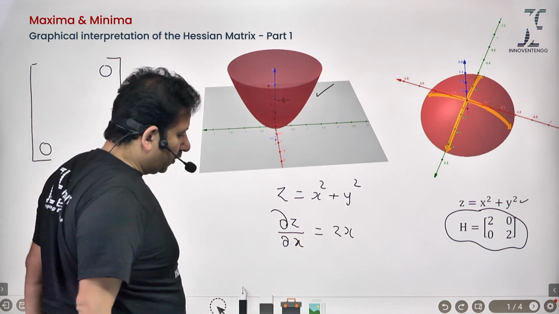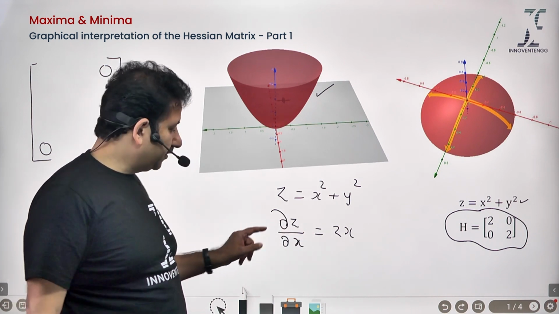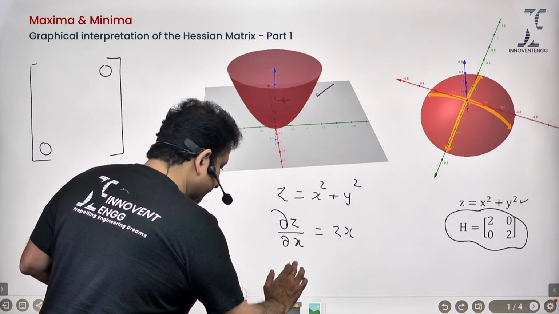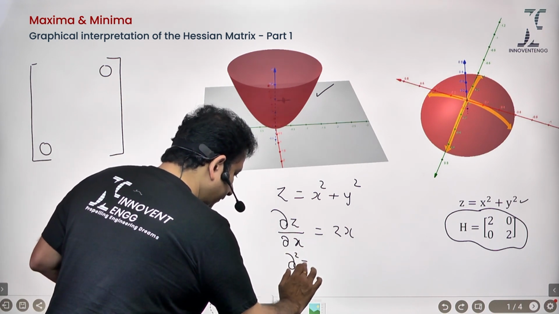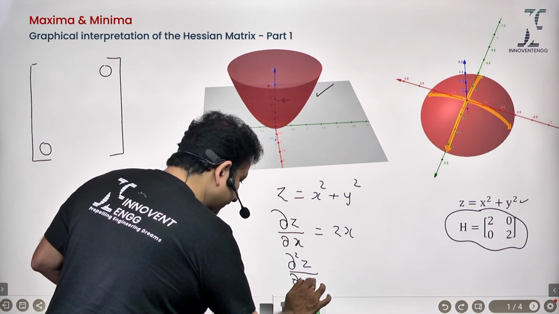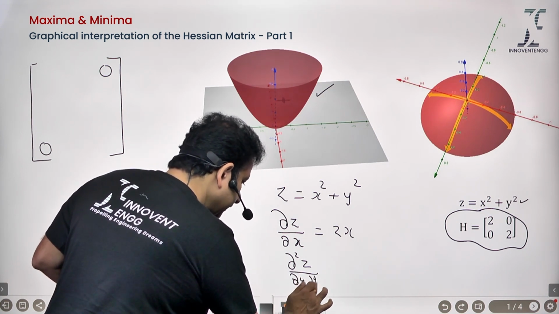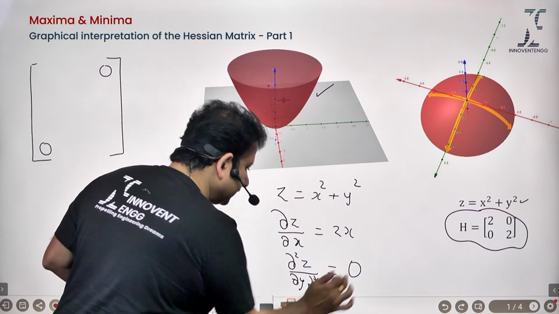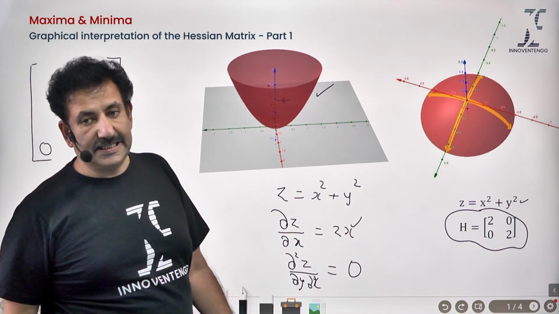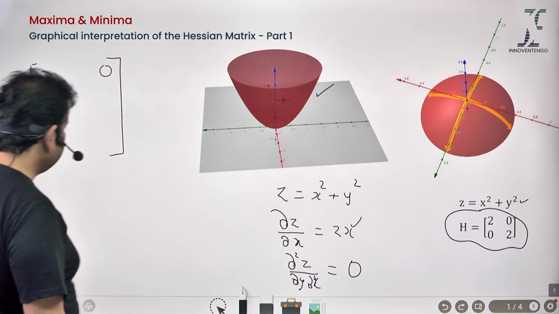The y squared gets knocked out because that is a constant when you are differentiating with respect to x, and when you seek a further derivative with respect to y, because I seek the mixed derivative, then you would get a 0, because this is a pure function of x. If you're trying to differentiate that with respect to y, you're going to get a 0.